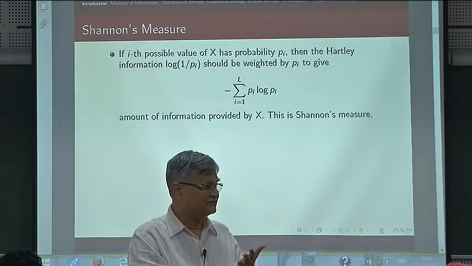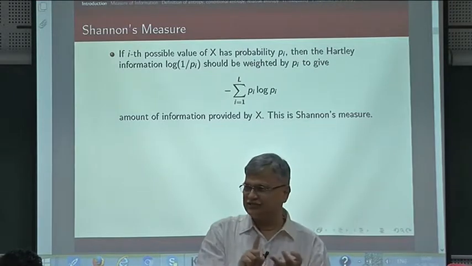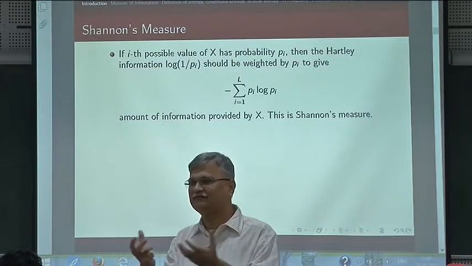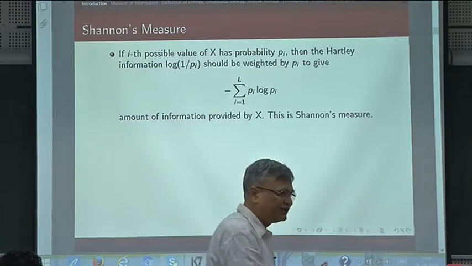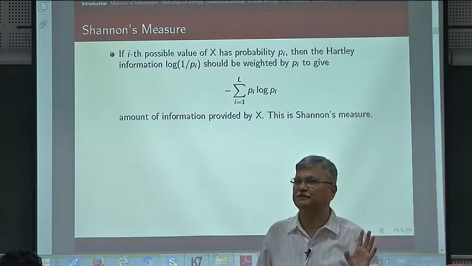Which are the 4 axioms? It should depend on the size of L, it should satisfy the probability of independent events, that is, for independent events the information should add up, it should satisfy the grouping axiom, and it should be continuous. This is the only function that satisfies: pi log pi.